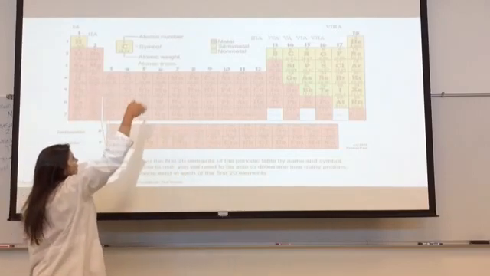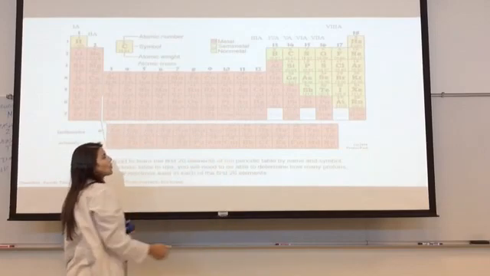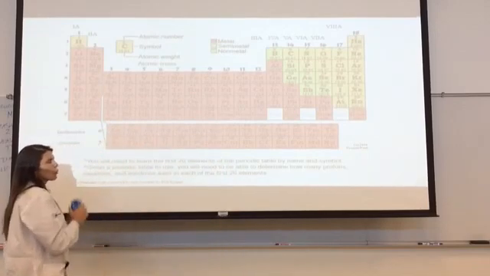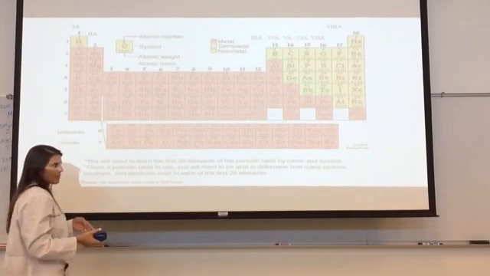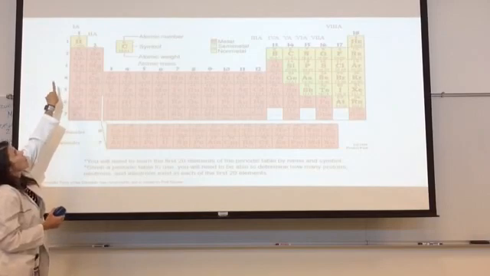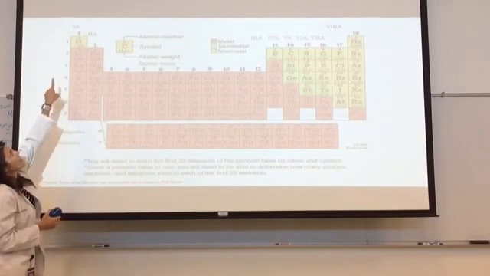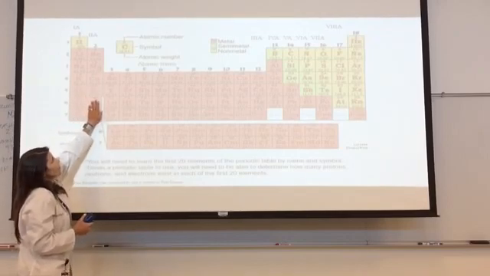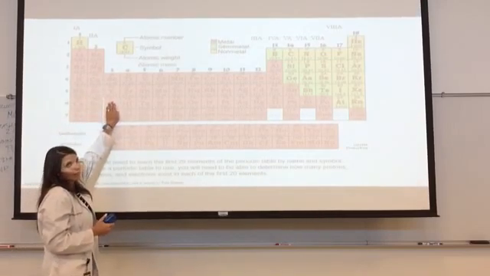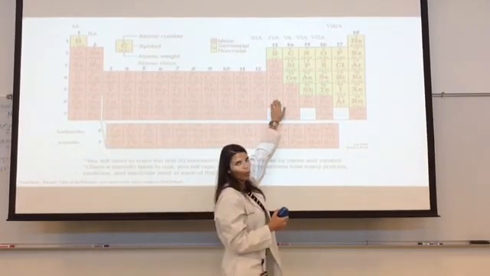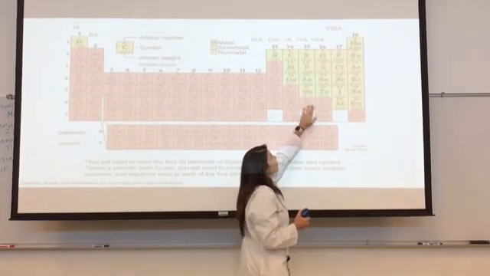When you look at it vertically, up and down, these are divided into groups or families. If it is a group, it has a Roman numeral that precedes the letter A. So this is a group, this is a group. Is this a group? This is a family. Family, family, family, family, family, family, family. Group. Group, group, group, group.